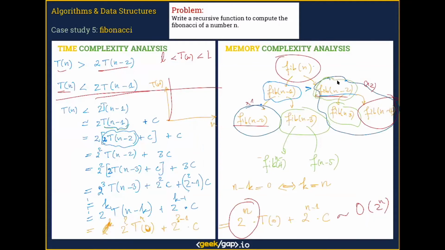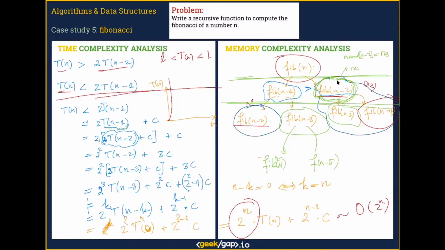Fib of n minus 2 is this time here. Yes. So we are still at this level. What about us caching this in a dictionary and saying, okay, memo of n minus 2, this is a dictionary, will be whatever will be the result of this.